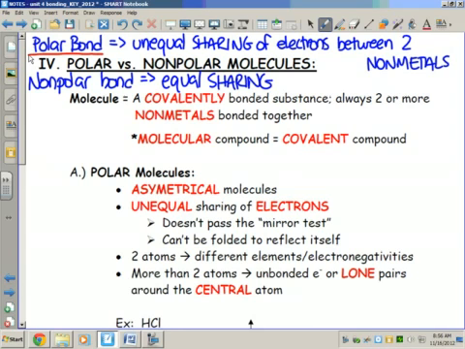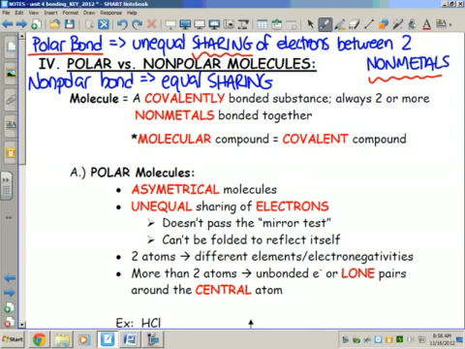A polar bond is when we have an unequal sharing of electrons between two nonmetals. Now, hopefully, the fact that sharing and nonmetals are in caps and underlined is sending off all sorts of bells and whistles right now. If it's not, it should be.